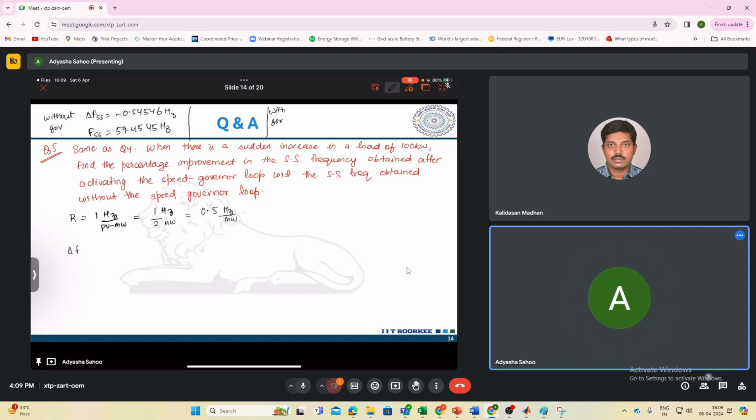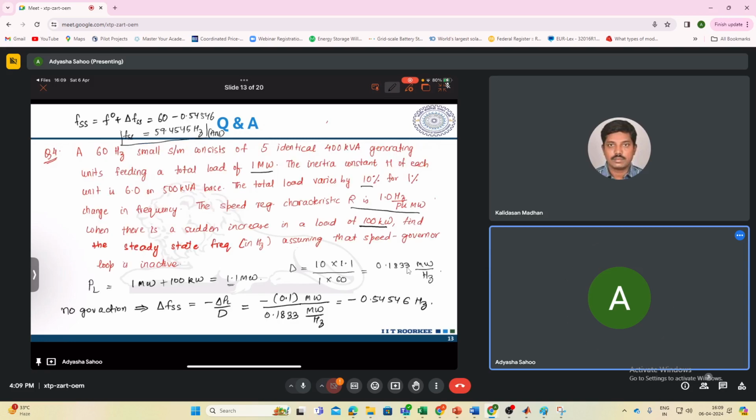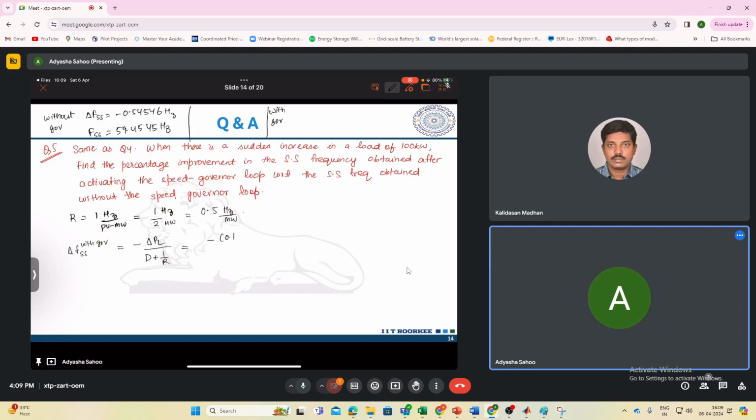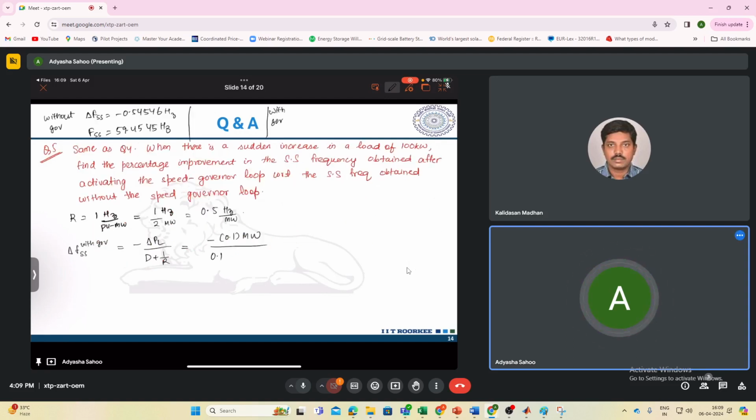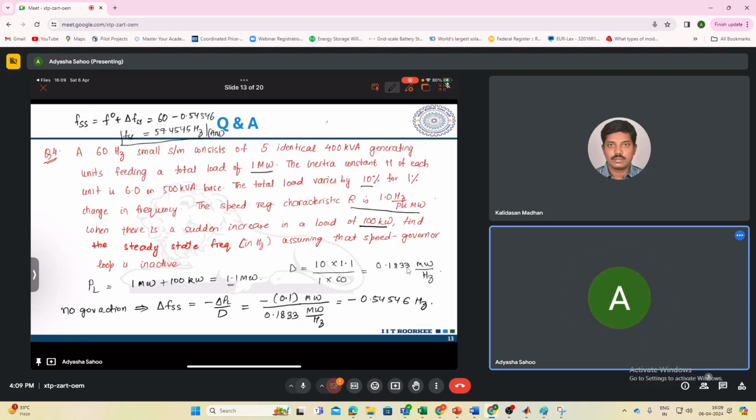And now delta F steady state with governor will be minus delta PL. Earlier it was D. Now speed regulation will also come. So earlier delta PL was 0.1 megawatt, and D we had calculated it was 0.1833, right?